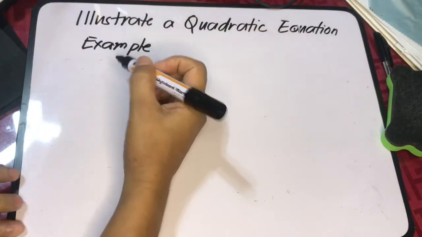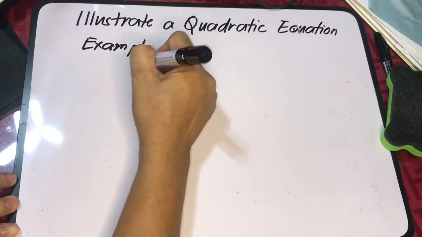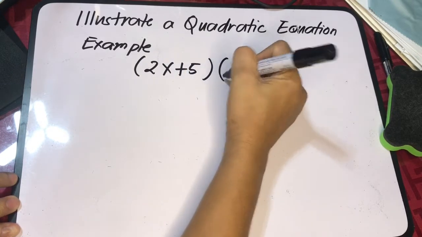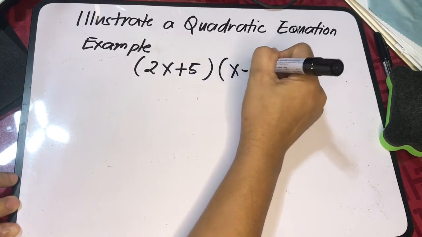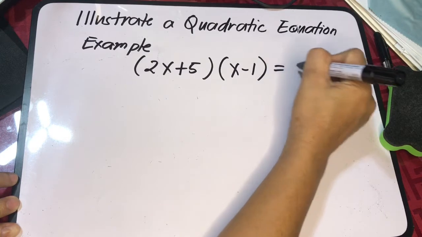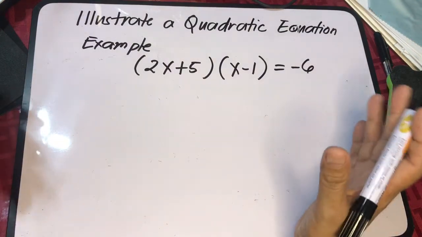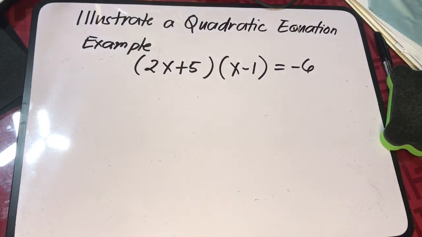Okay, here is another example. We have (2x plus 5) times (x minus 1) equals negative 6. Okay. So if you're going to look at the first side of the equation, we have two binomials.